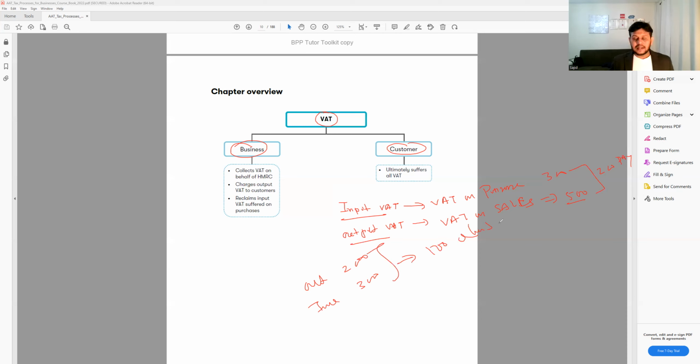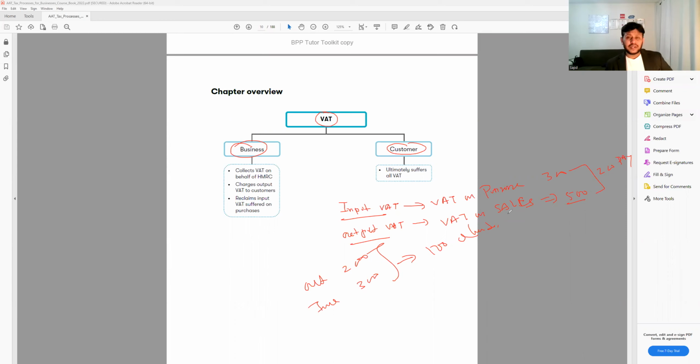This is very unlikely, that you'll claim back the VAT from HMRC, because your sales definitely will be more than the purchase. Otherwise, you don't do the business. For example, if I buy the pen for £10 and sell for £8, I'm not doing any business. So if I buy the pen for 10, I have to sell it for more than 10. So that means I'm charging more VAT because I'm charging a higher selling price to the customer.